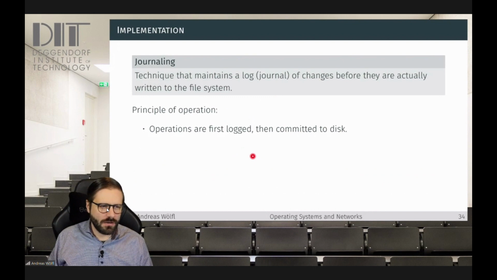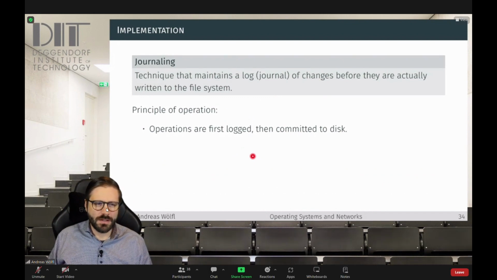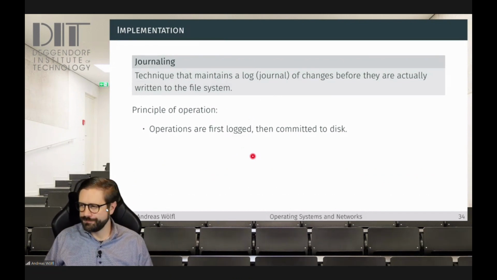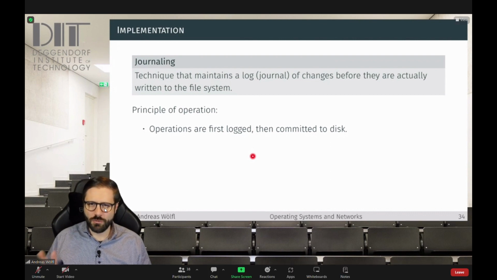Then let's talk about a technique that's called journaling, because this is a feature that allows modern file systems to be resilient towards crashes. So if you remember the last time we said, well, file systems have two purposes.